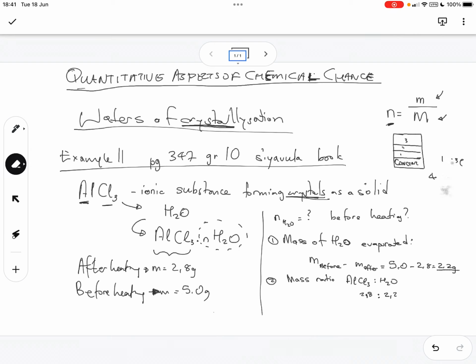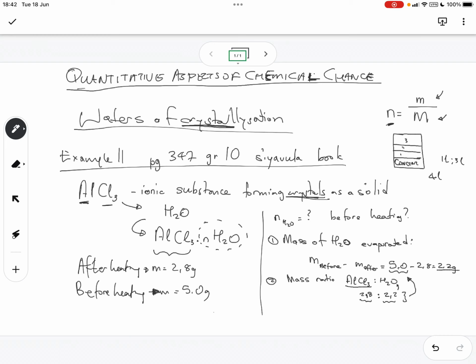In the same way, in order for us to have 5 grams of our initial substance, we need 2.8 grams of aluminium trichloride and 2.2 grams of water. When you add these two together, they offer that 5.0.